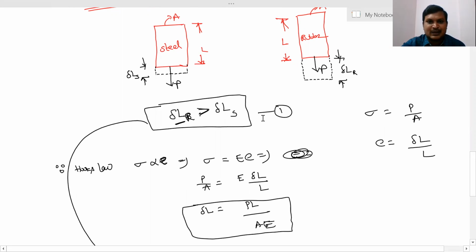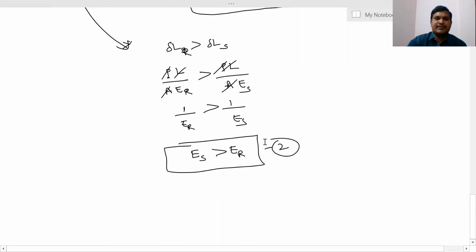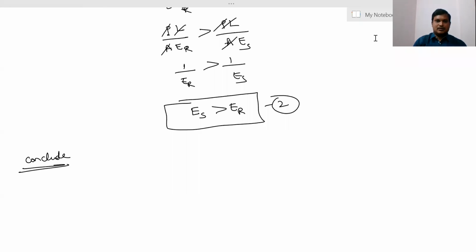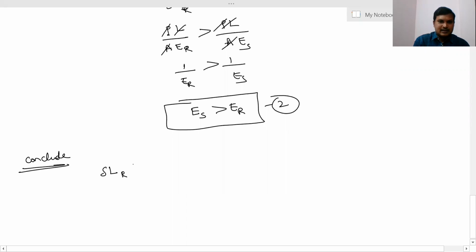Is it clear? This is a derivation. So what can we conclude? Our conclusion is that delta L of steel is less than delta L of rubber.